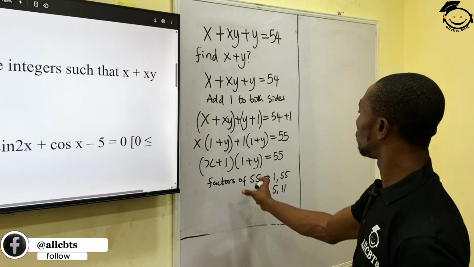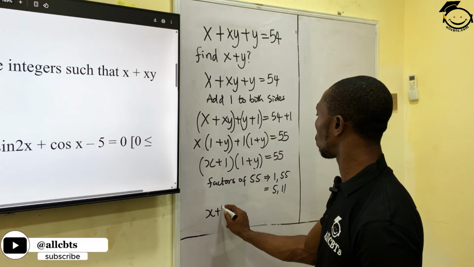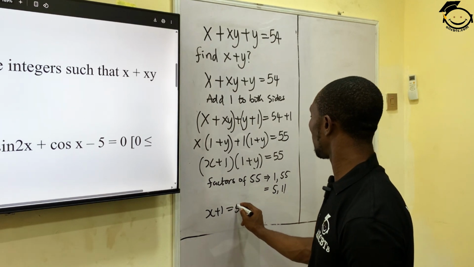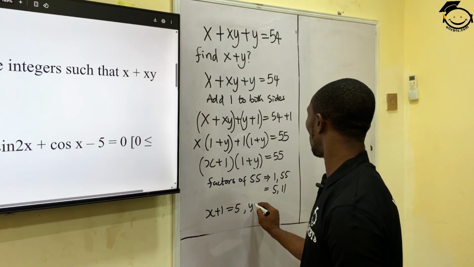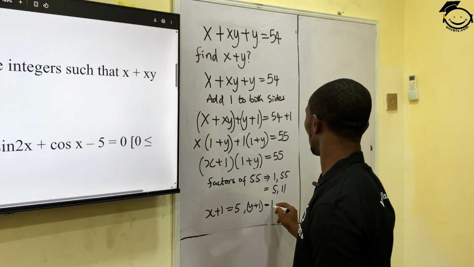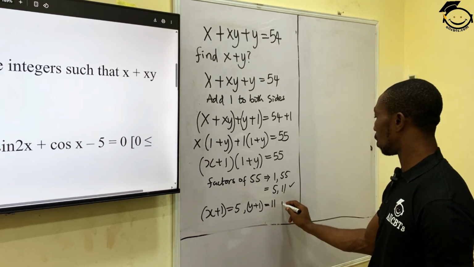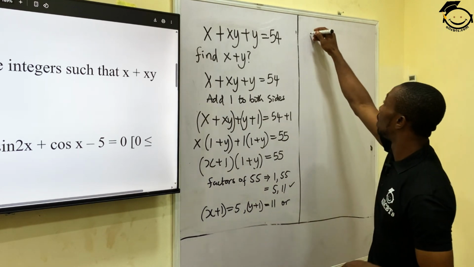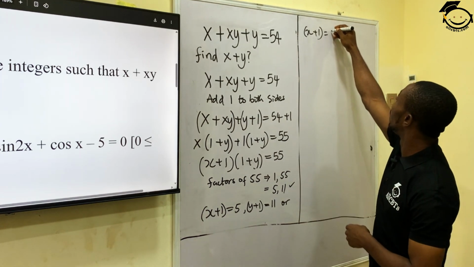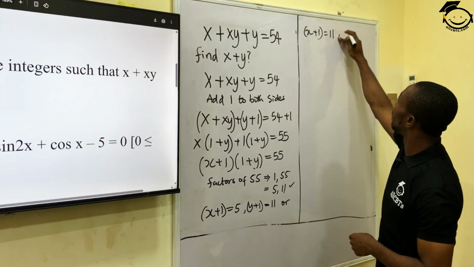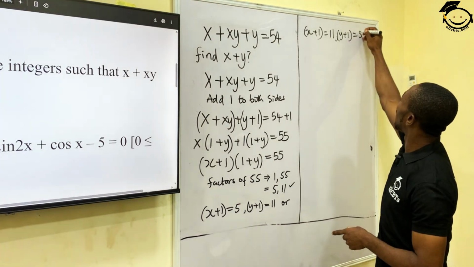Now if we put these factors in here, we will set x plus 1 equals 5, then y plus 1 equals 11, or using these factors, x plus 1 equals 11 and y plus 1 equals 5.